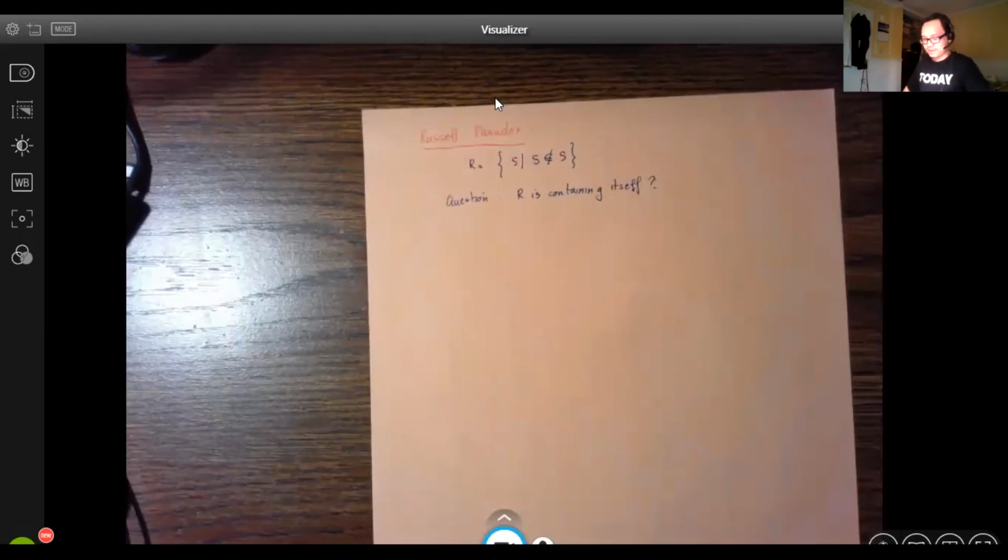It took me about 15 minutes to figure it out. It was my first time knowing this too, but it's worth thinking about. The question is whether the Russell set contains itself or not. This is the interesting part right here.